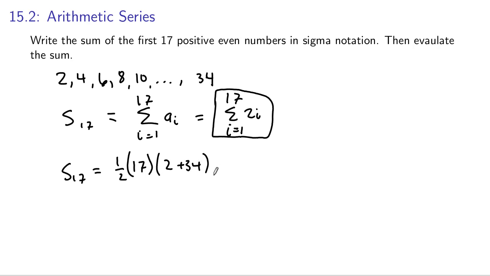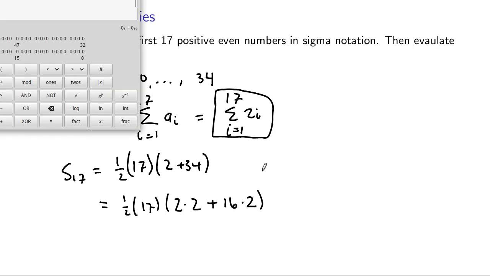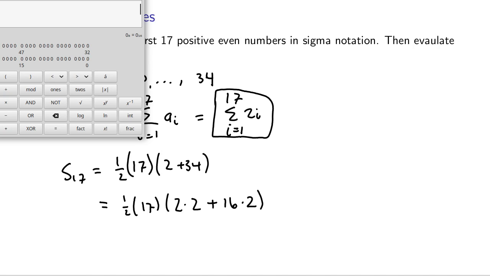And if we didn't know that, we could also use the other formula, which would be 1/2 n times double a sub 1 plus n minus 1, which is 16, times the distance between them, which is 2. And these should come out to the same thing if we got this right. Let's do the bottom one first. 16 times 2 plus 2 times 2 is 4 is 36. So in both cases we get 36.